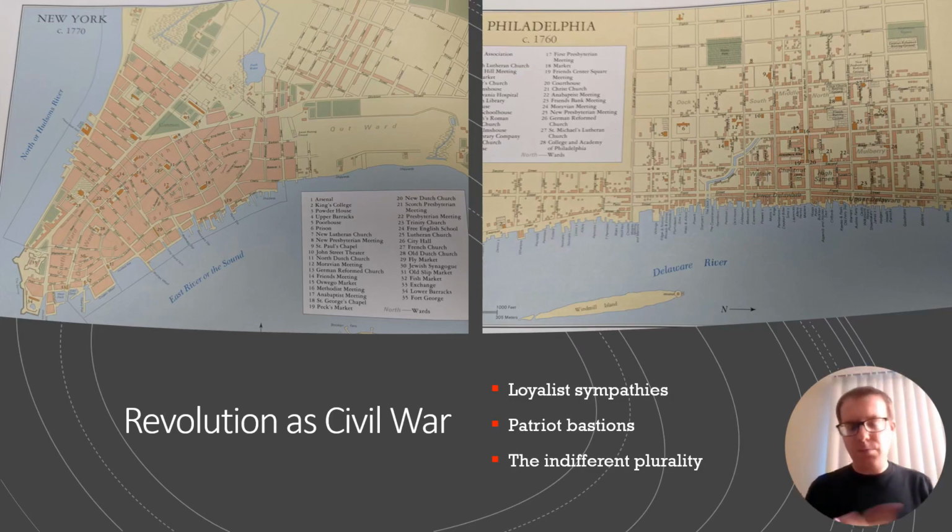One of the first important parts of the American Revolutionary War to understand is that the American Revolution is really a civil war. There are perhaps 40% of the population who are patriots, who are pro independence, and there's probably another 25 to 30% of the population that actually support Britain and are loyalists and support the British Empire.